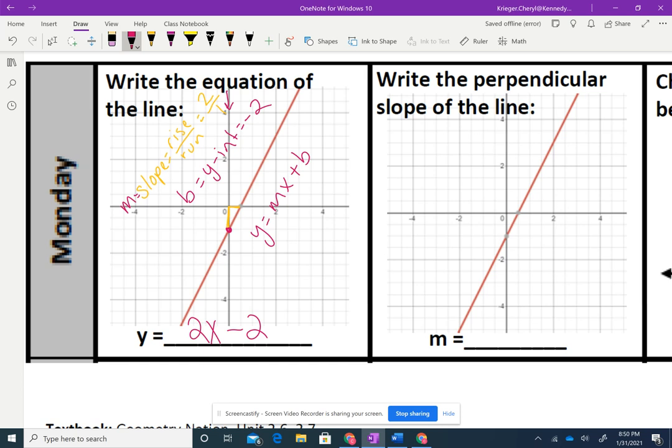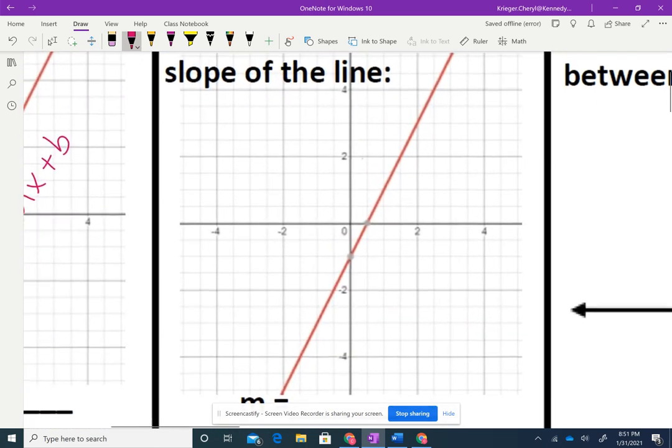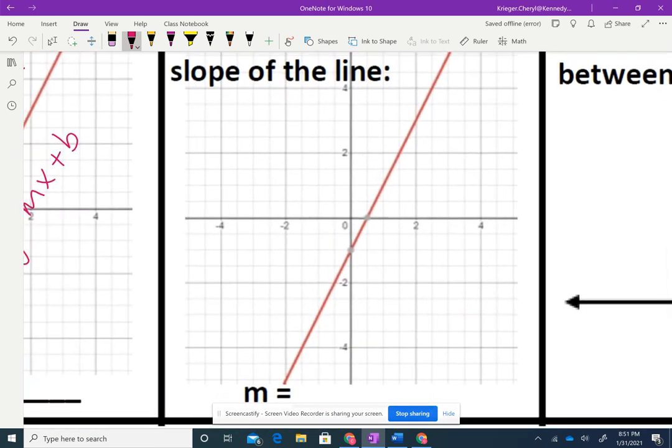Column 2 asks for us to write the perpendicular slope of the line. Well, it looks like we have the exact same line here, so that shouldn't be too hard. If our slope, our m, was 2, I'll write it as 2 over 1 just for the sake of finding the perpendicular slope. The perpendicular slope is the negative reciprocal.